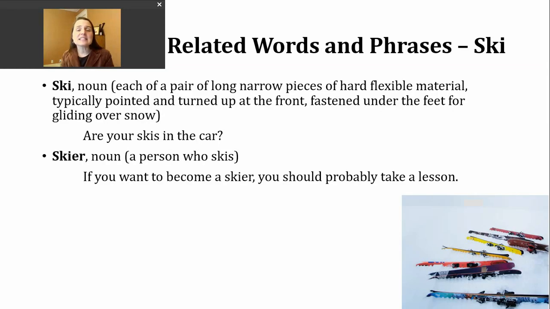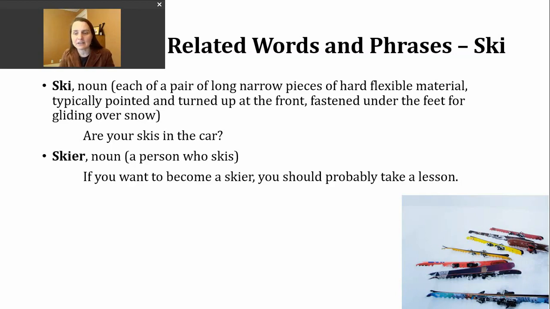So now let's take a look at some related words. The first is just the noun form of our verb, so same spelling, same pronunciation. And as I sort of mentioned before, the noun ski is a pair or a piece of a pair of a long, narrow piece of hard yet flexible material.